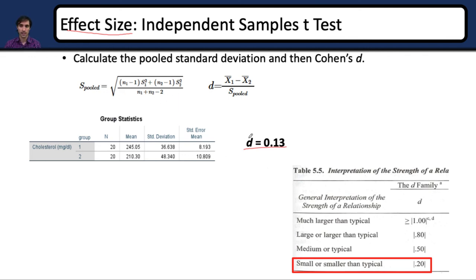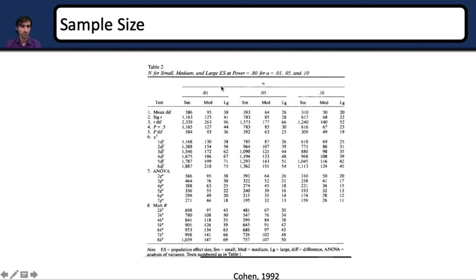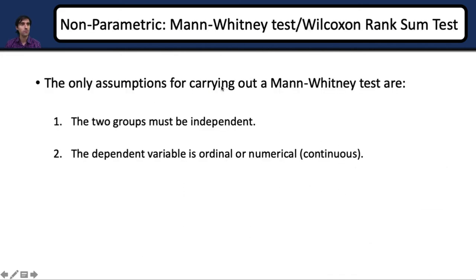That is not calculated in SPSS, but we are able to calculate it by hand by looking at mean 1 minus mean 2 divided by the pooled standard deviation, which is this beautiful equation. Other software does this. I'm moving forward.